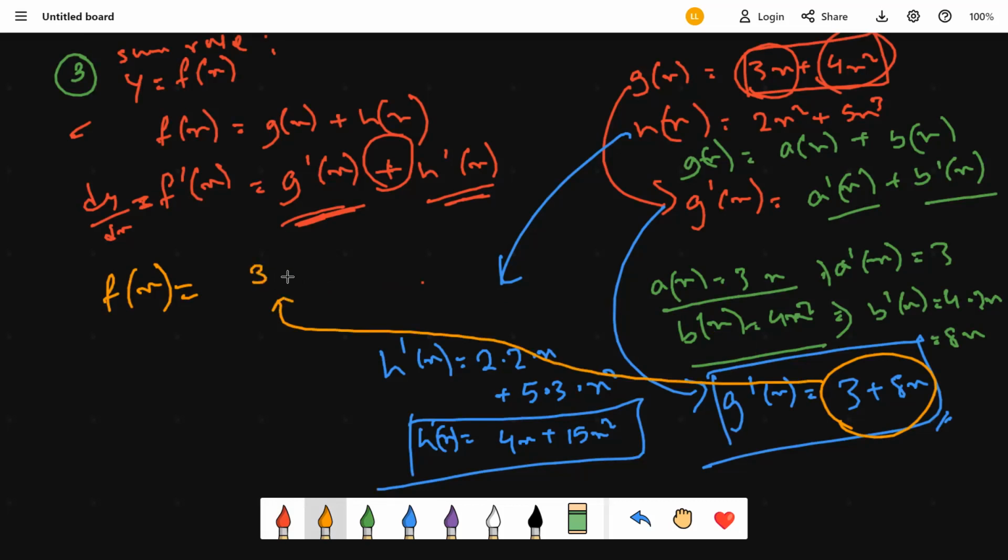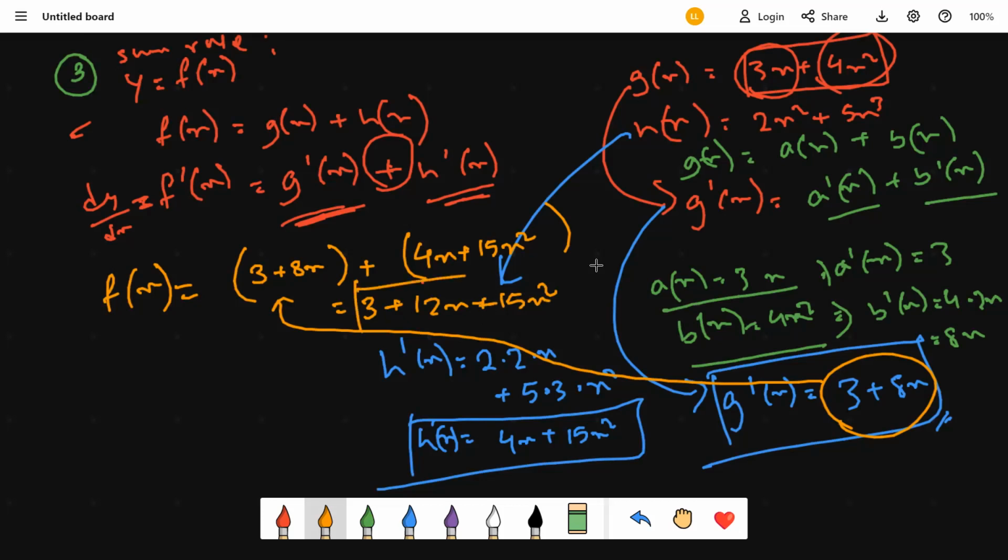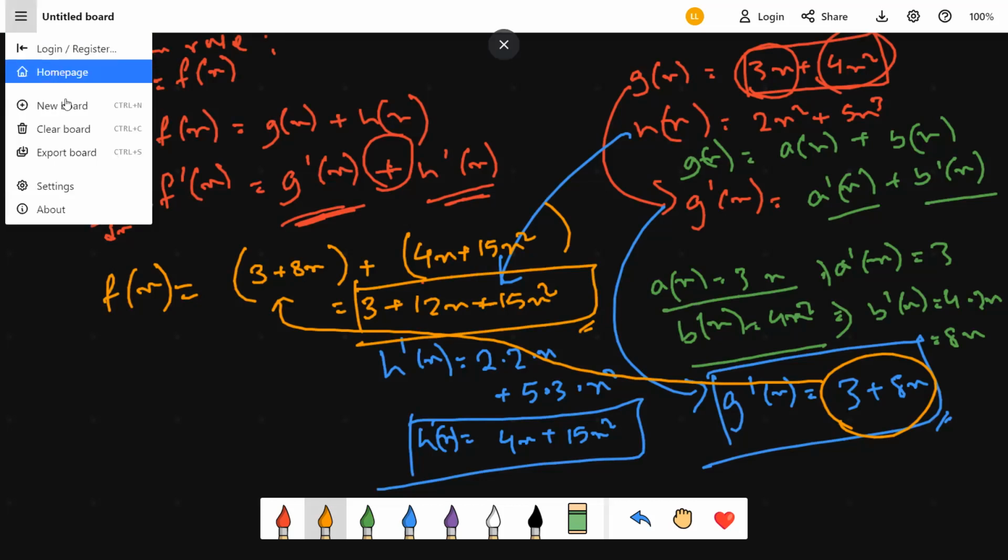This is from the g(x), plus from the h prime of x you're getting 4x plus 15x squared. Okay. Simply if we add them, we get 3 plus 8x plus 4x, which gives us 3 plus 12x plus 15x squared. So this is simply our summation rule. We're summing the individual differentiated values. This is rule number 3.